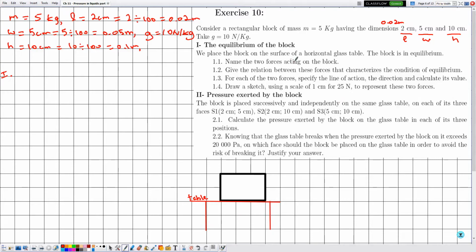Now we place the block on the surface, so it is in equilibrium. Then in this exercise we can use the condition of equilibrium at any moment.